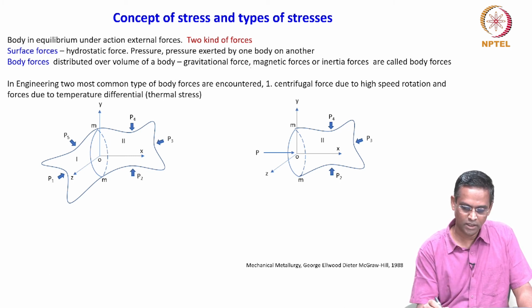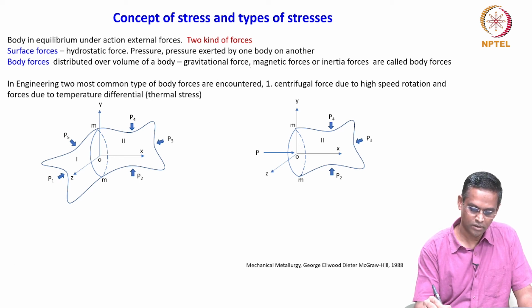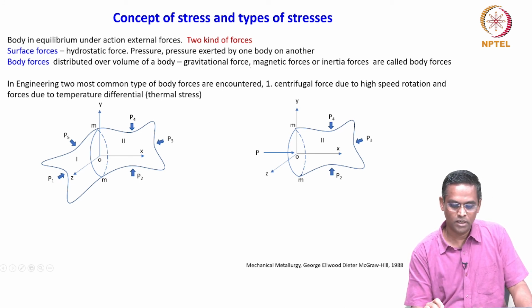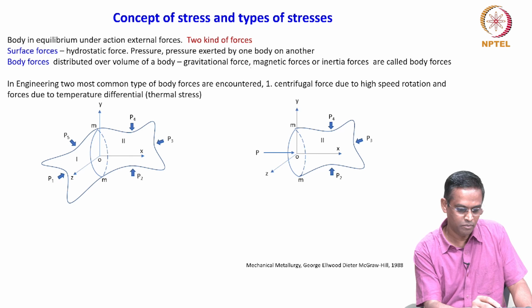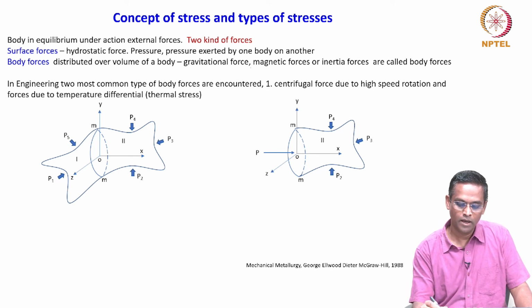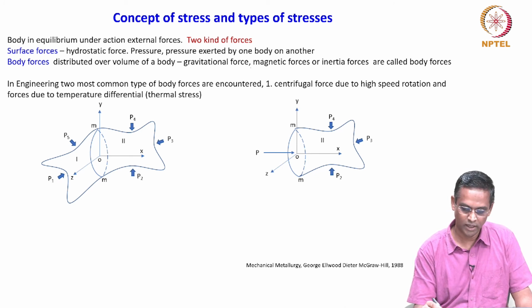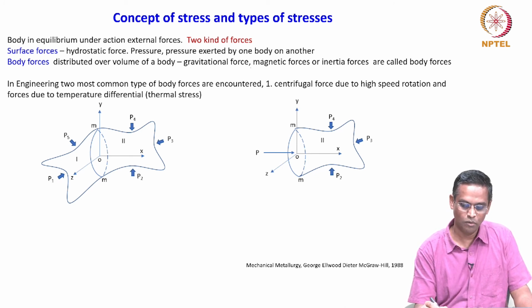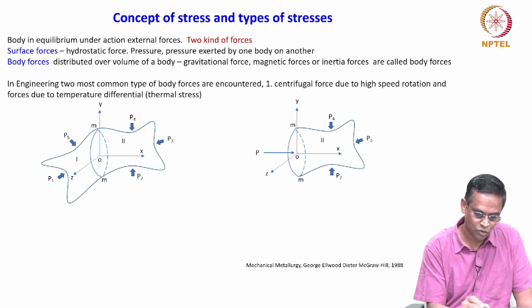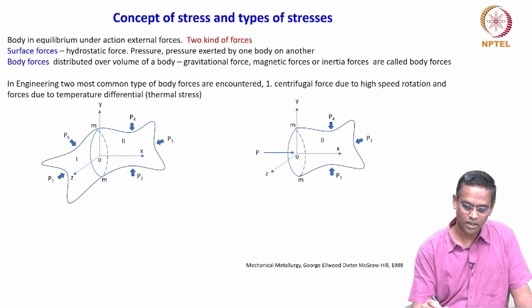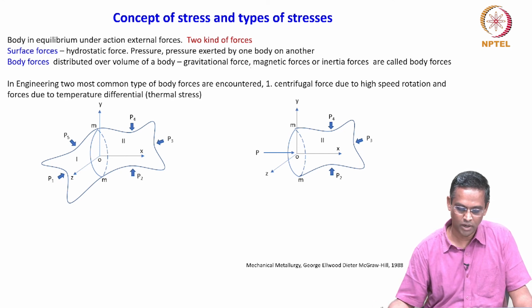We are interested in measuring the stress at a point O. What it means is the removed portion of the body is replaced by the resisting force or external load at this area. Otherwise, whatever forces were there when these two parts were together are assumed to be still there, and we are looking at the stress at a point O.